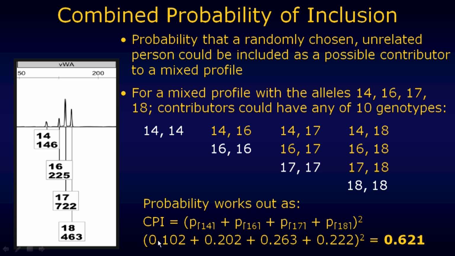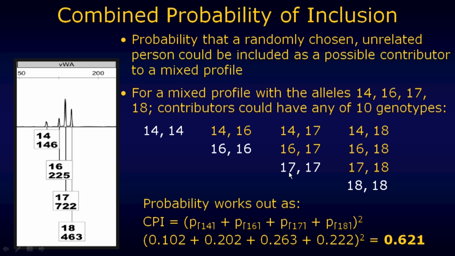We could have an individual who's a 14-14, a homozygote for the 14 allele. Maybe they're one of the people who's added something to this mix. Similarly, we can't rule out the possibility that there's somebody who's a 14-16 who's added something to this mix. There's a 14, there's a 16. We can't rule out that there's a 16-17 individual who's contributed to the mix. There's the 16, there's the 17. Again, there are 10 different genotypes of people that we couldn't rule out as possible contributors.